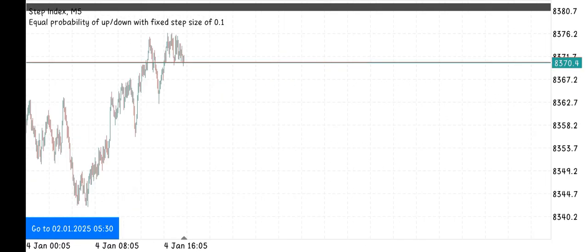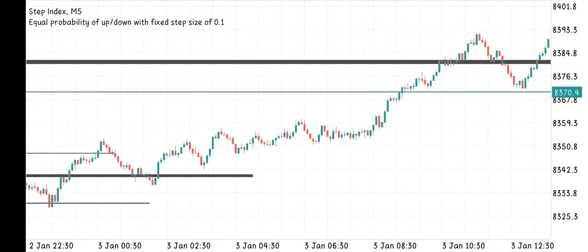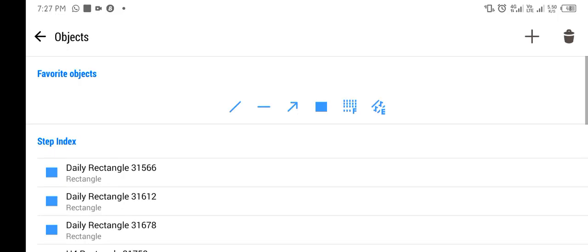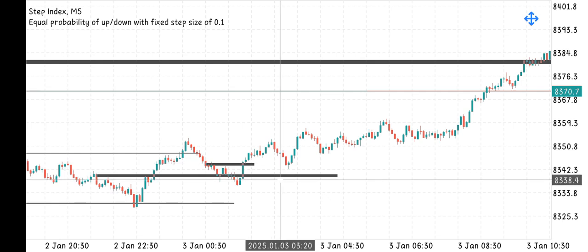I saw this move. If you notice, we had another break of structure here. Let's break it down. We had another break of structure here. So when we had it, the market came back to touch the fair value gap.